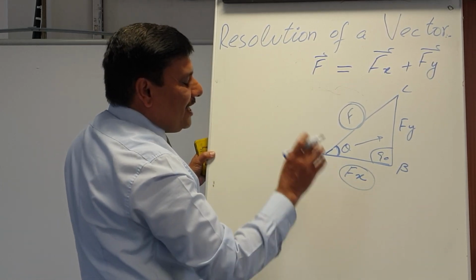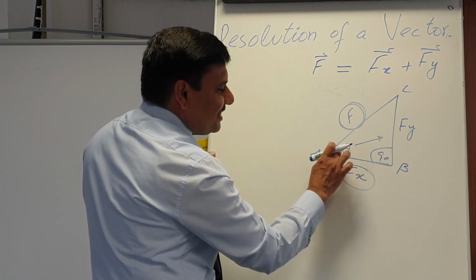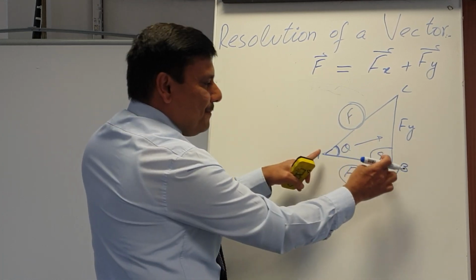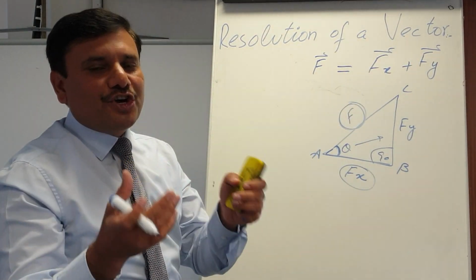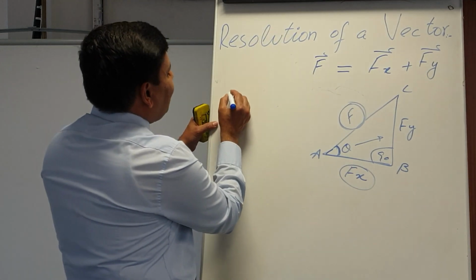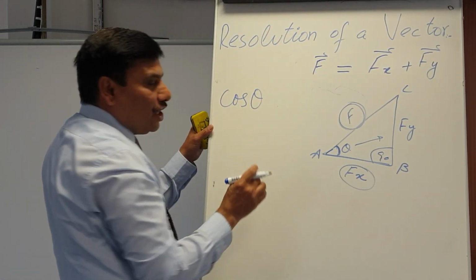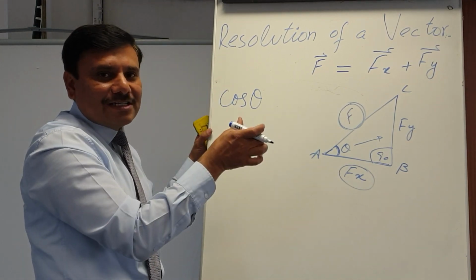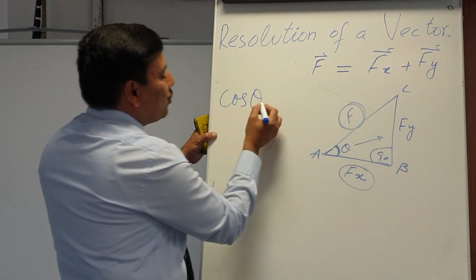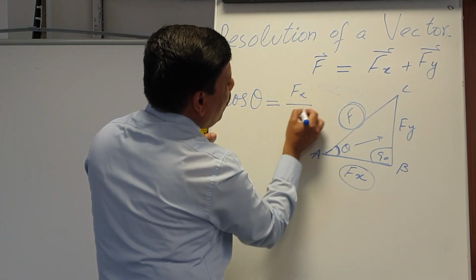I know that there is a relationship between fx, theta and f, that is base, theta and hypotenuse, and this is a very famous trigonometric ratio called cos theta. For the time being, it is not my topic to explain the trigonometric ratio, I am just using it. So cos theta will be equal to fx over f.